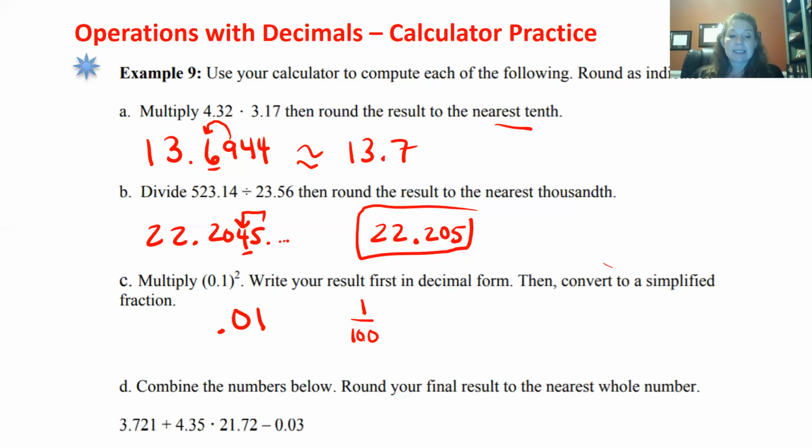Now, letter D, if you have a calculator like mine, if you can see mine, I can put the whole problem in before hitting equals. However, I have another simple calculator. Really, this is the kind of calculator you're supposed to use for this course. It's just a simple operations calculator.